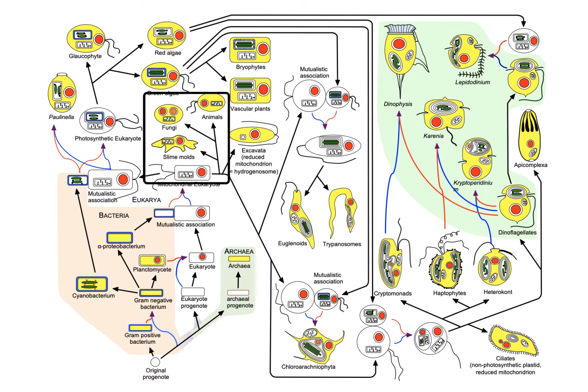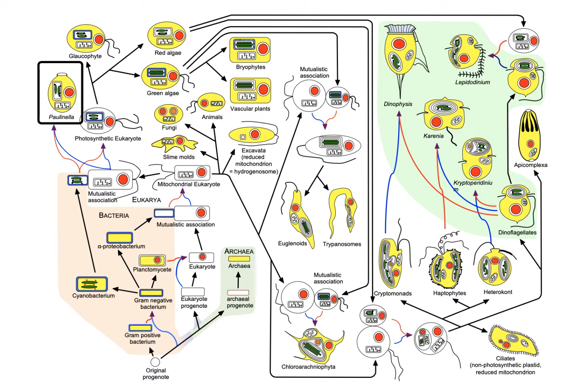Those then diversify into the animals and fungi and protists, and another endosymbiotic event between a cyanobacterium and a mitochondrial eukaryote to become the photosynthetic eukaryotes, including glaucophytes, red algae, and green algae. And all of these are carrying genomes in each one of those compartments.